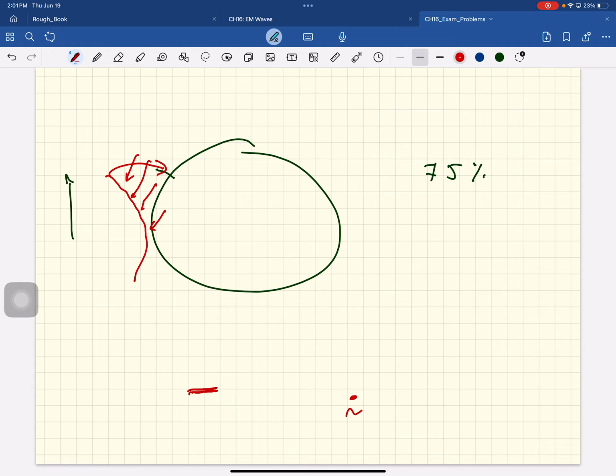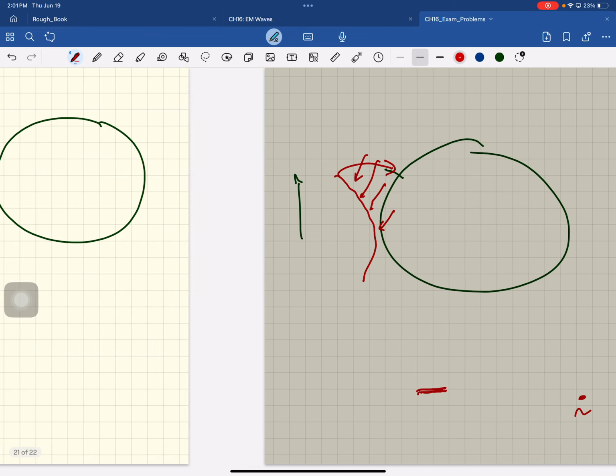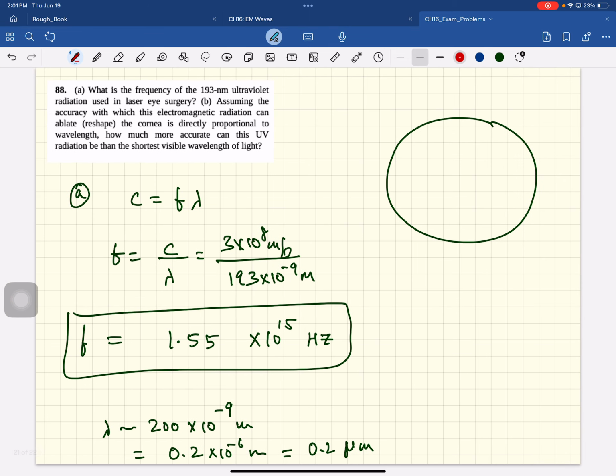If you use visible light, the smallest corrections you could make were 400 nanometers, but this is 200 nanometers. Assuming the accuracy with which this electromagnetic radiation can ablate, meaning burn off the cornea, is directly proportional to the wavelength, that's why. Twice as accurate. How much more accurate can this UV radiation be than the shortest wavelength?